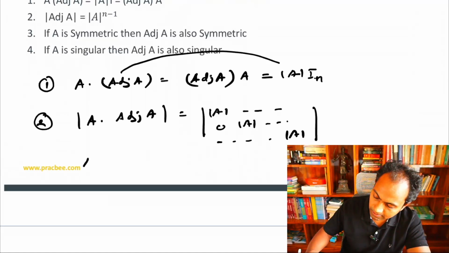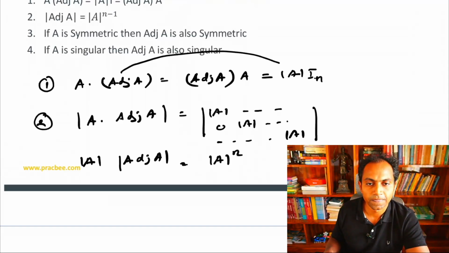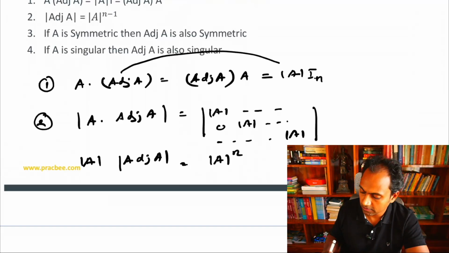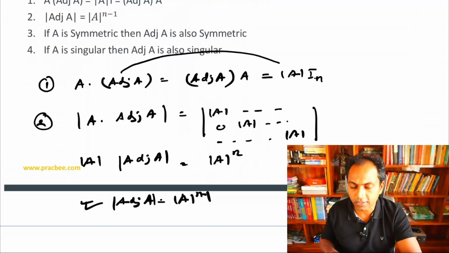As a result, now this we can distribute and write like this, determinant of A into determinant of adjoint of A. But here you can see that I will be able to take this determinant common from n rows, and this will become determinant of A raised to the power n. So if you find the value of determinant of adjoint of A, it comes out to be determinant of A raised to the power n minus 1. This is a very important result and you should remember it.